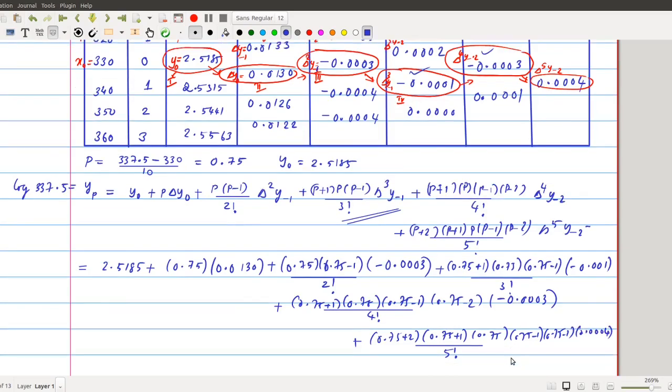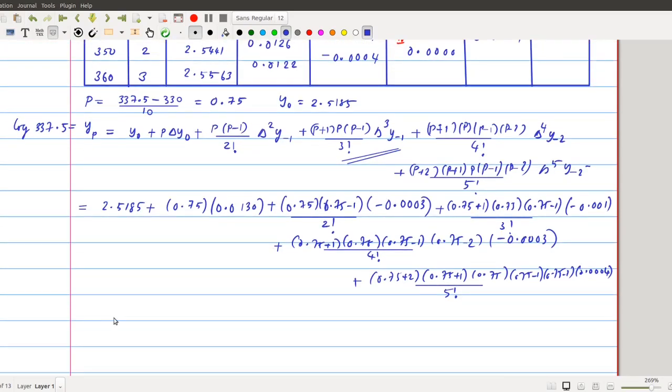Now you simplify this expression, and you will get 2.5282. So this is the value. Then we can set log 337.5 equal to 2.5283. So this is the way we use the Gauss forward interpolation formula.